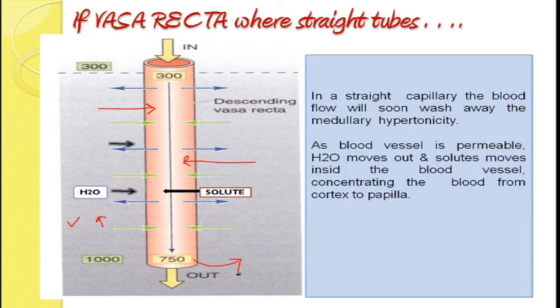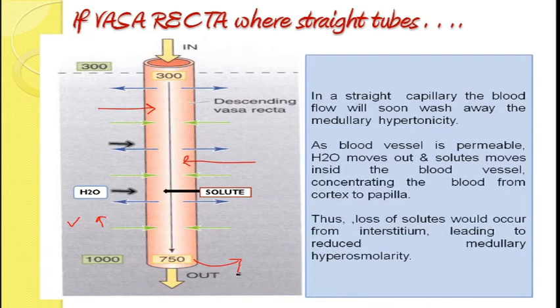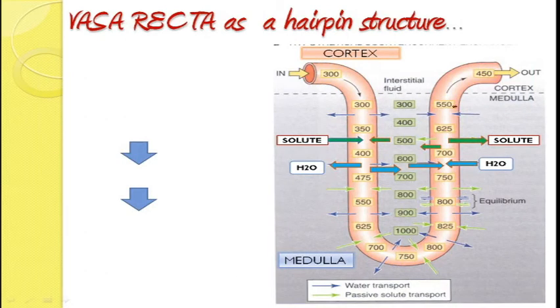But this hypothetical situation is not actually present because vasa recta are U-shaped tubes which surround the loop of Henle and are present in the medullary interstitium. So what happens?